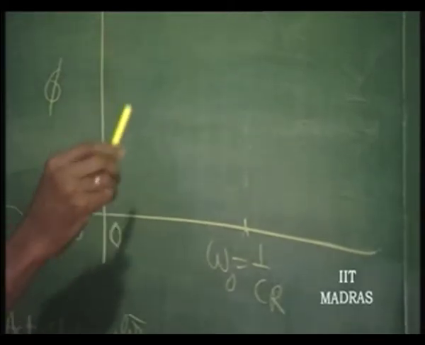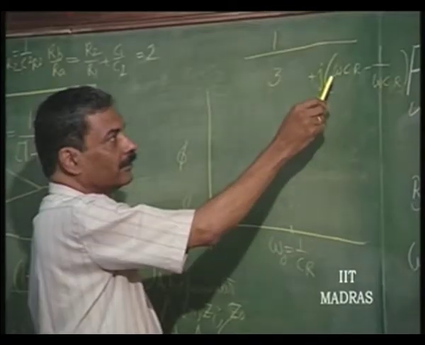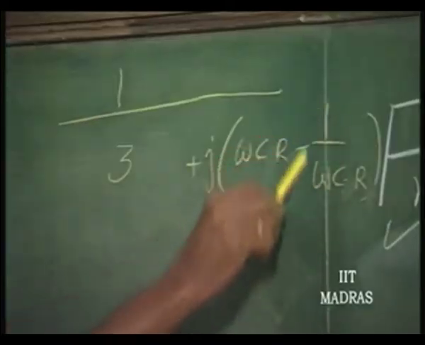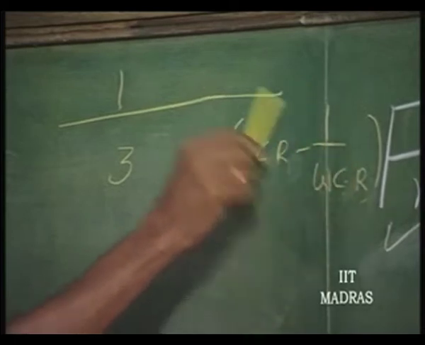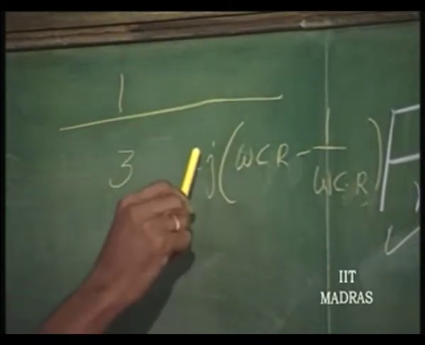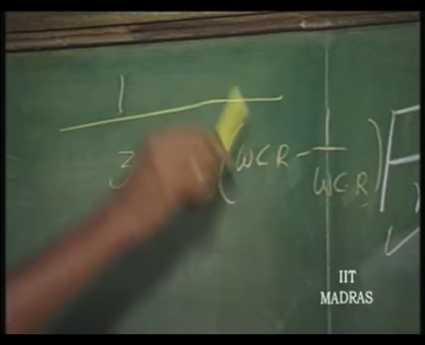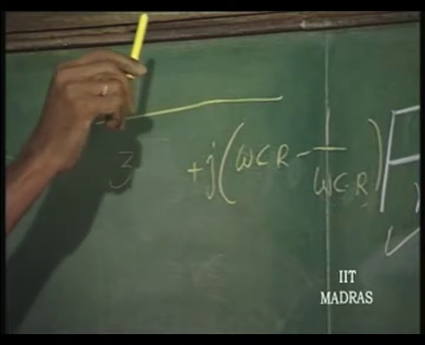At very low frequencies, just consider it at very low frequencies, this is going to 0, this is going to become very huge. So, it is only the contribution due to this. This is 1 over minus j or plus j. That means, it will give you a phase shift of 90 degrees.